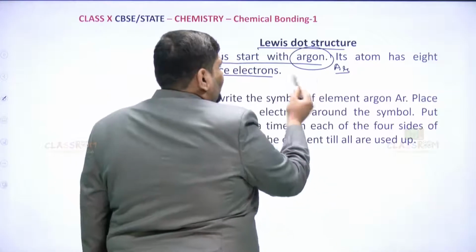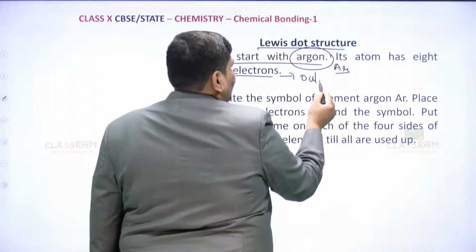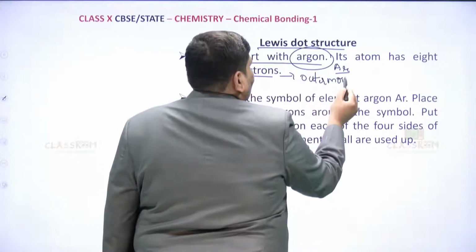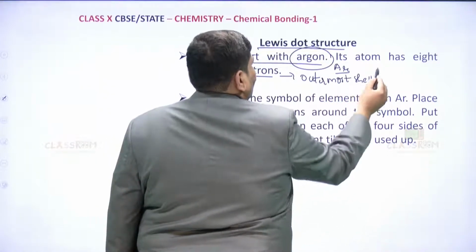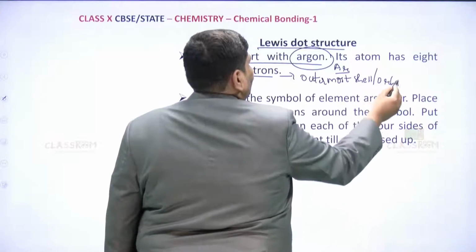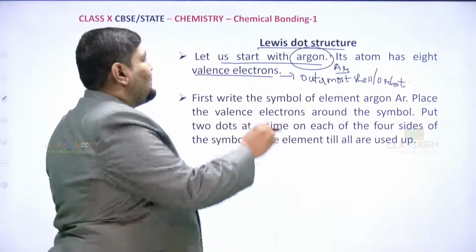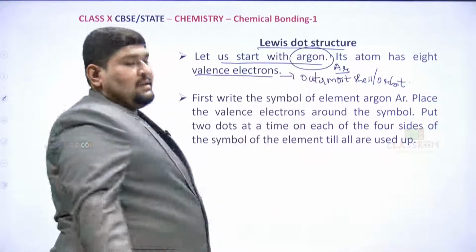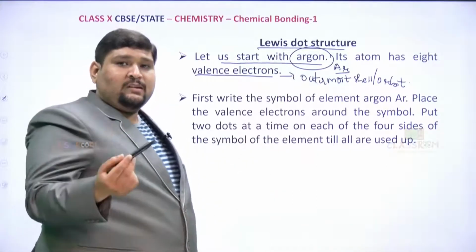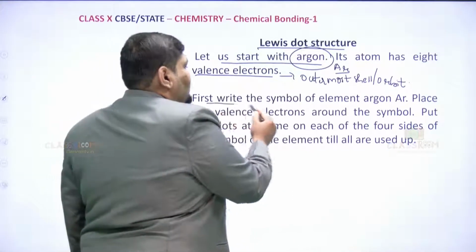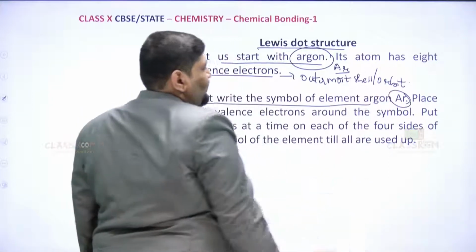You can see the outermost shell, or orbit, is filled with 8 electrons. So how are you going to represent it? First, you need to write the symbol of the element, Ar.